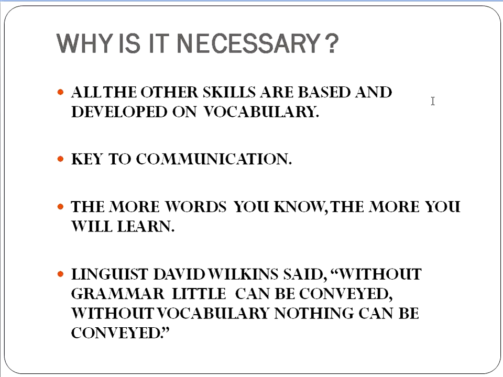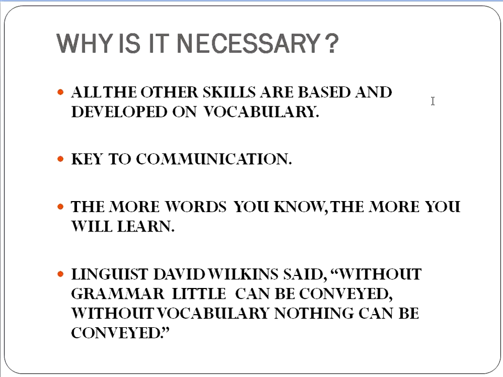So if you know more words, then you will be able to explore the world of knowledge, because most of the best books, good books, are written only in the English language. That is why we can say the more words you know, the more you will learn. Okay. So here is the last point I have written, just have a look.